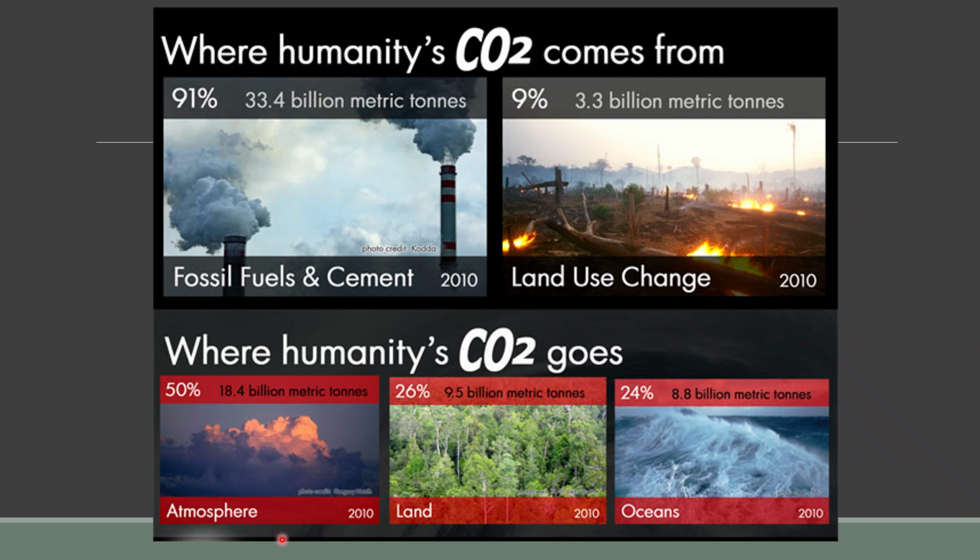And then some of it's going into the oceans. That will be important when we talk about ocean acidification. And then some of it is ending up in the atmosphere, right? So just note here, we actually have less carbon dioxide in the atmosphere than maybe we should, just based on the amount that we're burning, because some of it is ending up in other places.